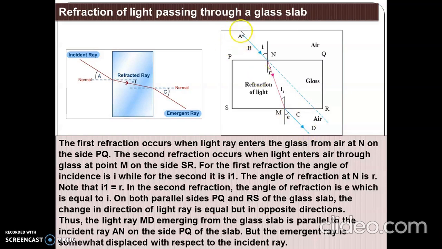That means the ray of light comes from air, goes inside the glass slab, comes out of the glass slab, and goes again into the air.